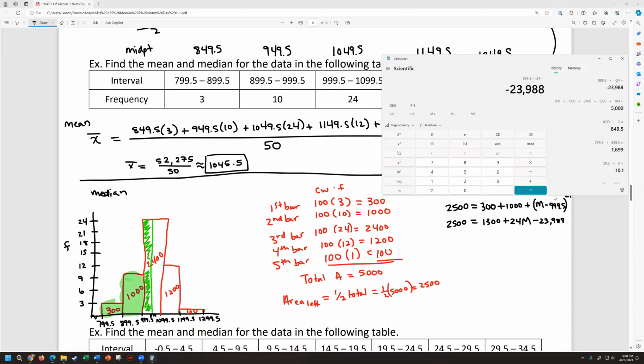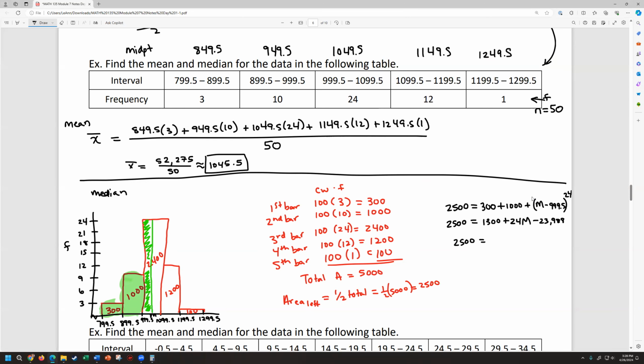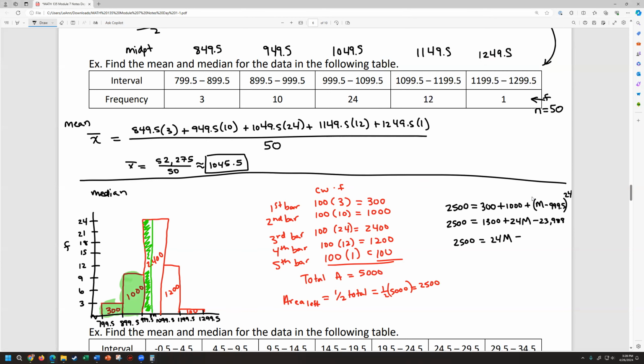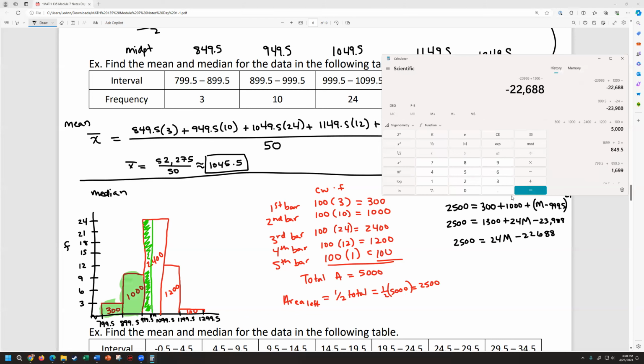Add together the two numbers on the left side. So we're adding the 1,300 to that, or to the right side. So I have 2,500 equals 24M, and then those two numbers combined together were negative 22,688.